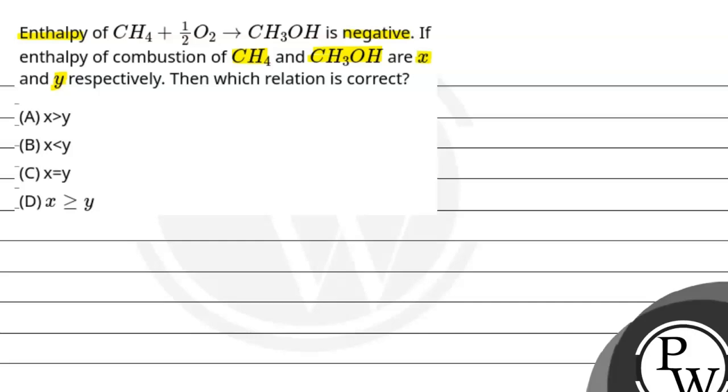So four options are given, A, B, C and D, where A says X is greater than Y, B says X is less than Y, C is X is equal to Y, option D is X greater than or equal to Y. So let's first understand the key concept involved in this question.